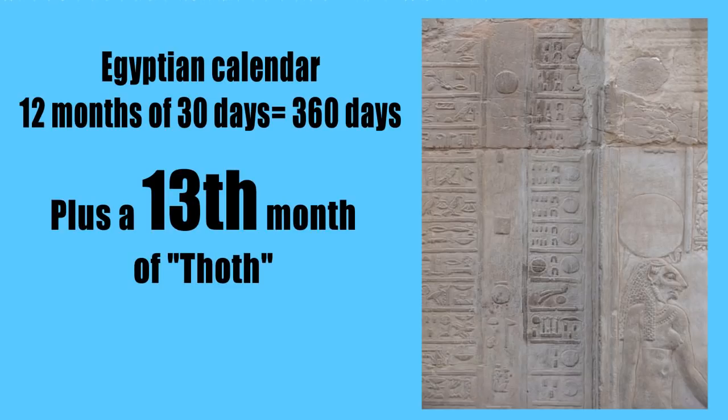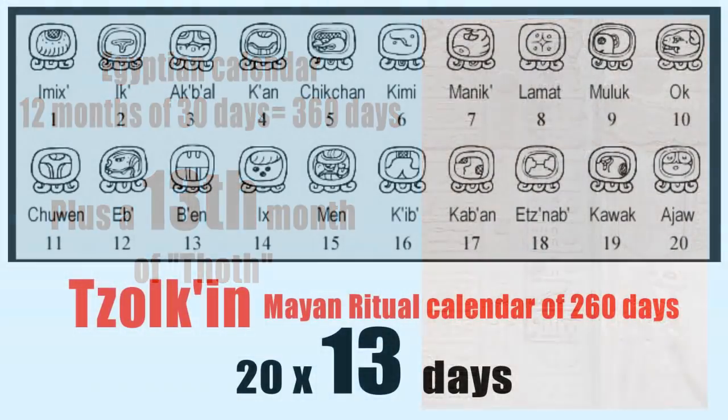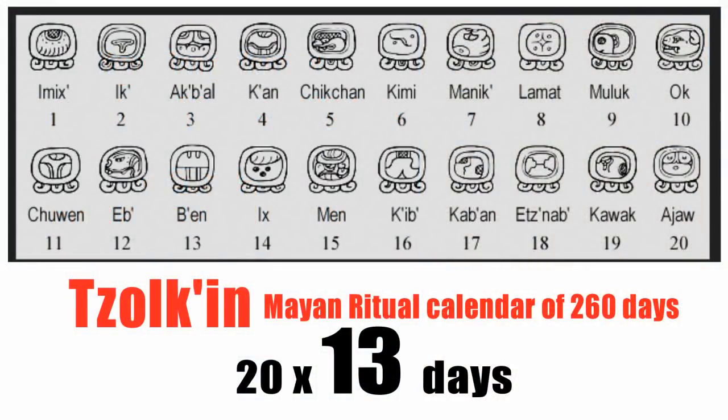That being the 13th month connected to the calendar system, but this will also join nicely to the Mayan calendar system, and they had multiple calendars. For instance, they had a calendar based on the 365 day year, but they also had a ritual calendar. The Mayan ritual calendar was of 260 days, the Tzolkin, and that was, let's just call them, 20 periods of 13 days.